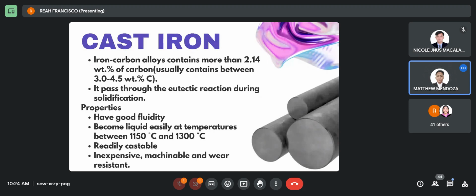So it depends po kung paano po yung cooling process na nangyayari. Doon po nagde-depend yung formation po ng cementite and graphite. Then properties po ng cast iron is have good fluidity, become liquid easily at temperatures between 1,150 degrees Celsius and 1,300 degrees Celsius, readily castable, inexpensive, machinable, and wear resistant.